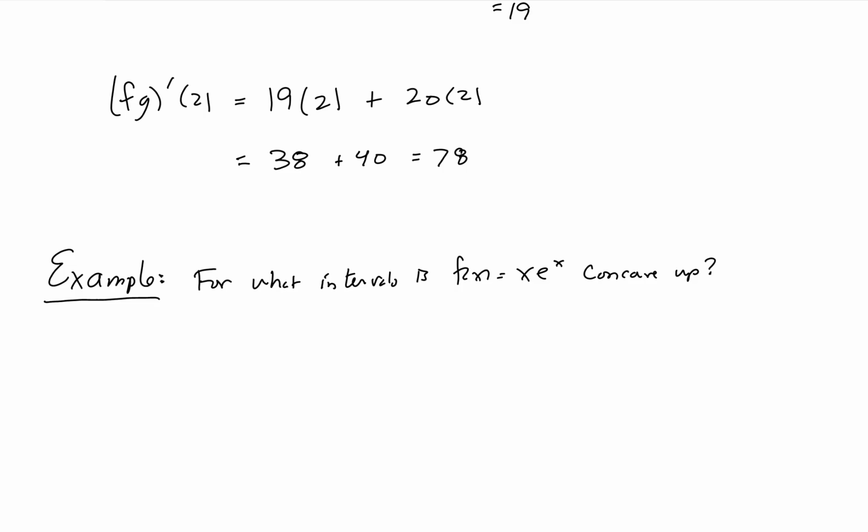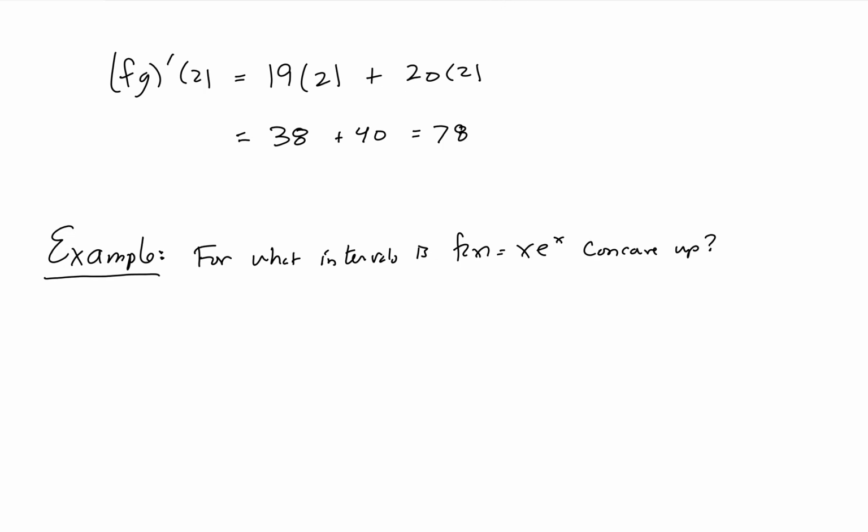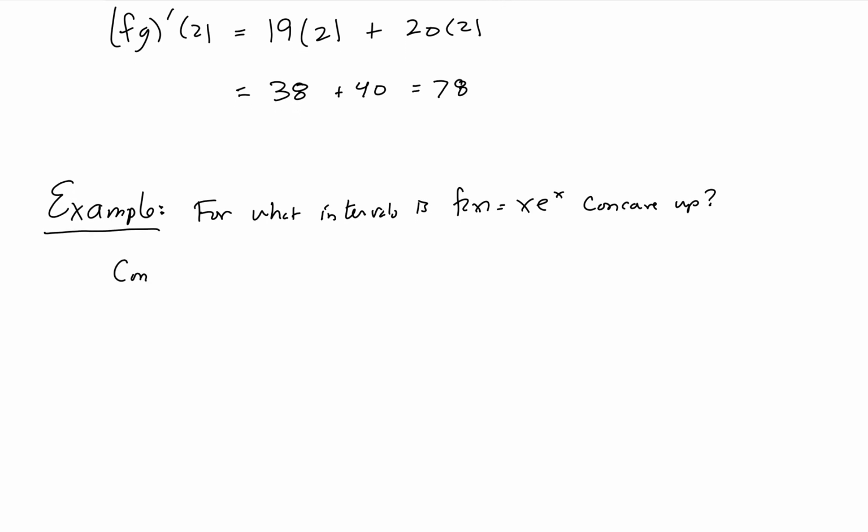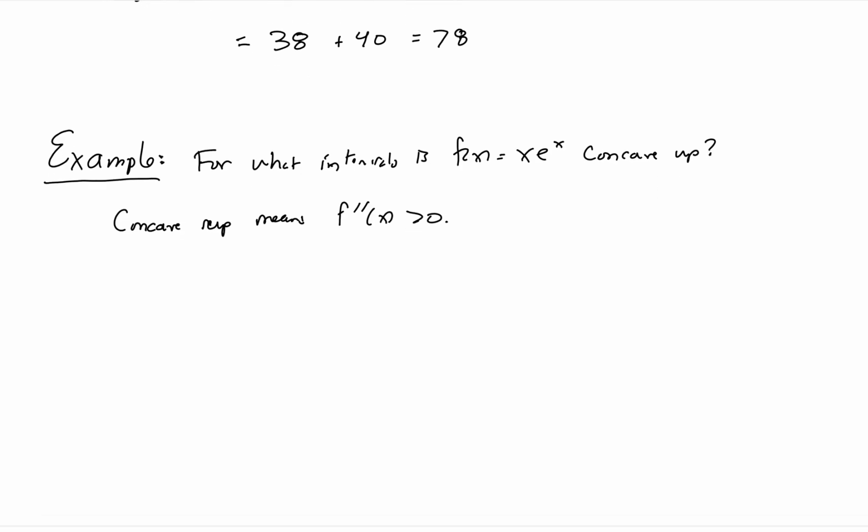So maybe we start by recalling what concave up means. So concave up means that the second derivative is bigger than 0. So that means we need to take the second derivative of this function.